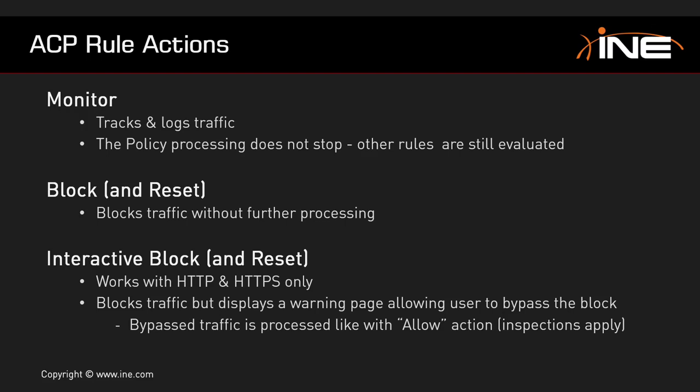So this is where you will tell the user that it might be potentially dangerous to visit a given website, and it's going to be up to the user whether he wants to proceed or not. If he says, I want to accept the risk, the session is going to be further processed like with the allow action, and I'm going to explain what allow means in just a minute. Versus if the user does not accept, the session is going to be processed as a regular block. So we will drop the communication and not involve any other engines for this session.